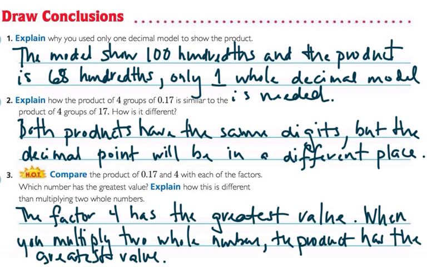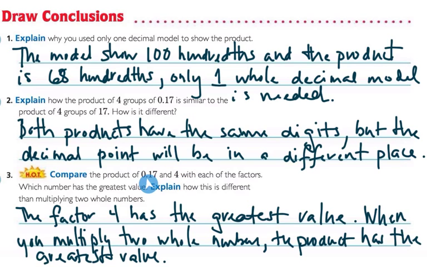So boys and girls, in 17 hundredths and 4, we know that 4 is the greater number because $4 is bigger than 17 cents. So the factor 4 has the greatest value. Now it's asking us to explain how this is different than multiplying 2 whole numbers. Right now we have a decimal multiplied by a whole number, and this is what we talked about yesterday.